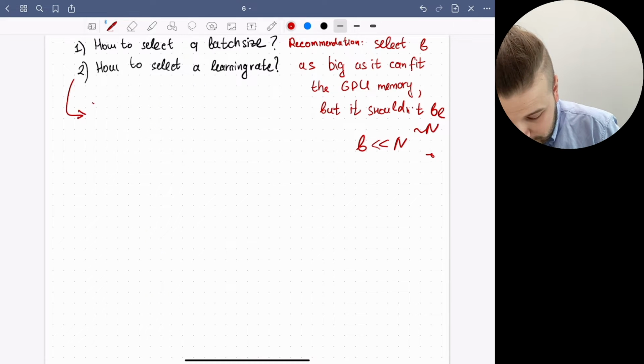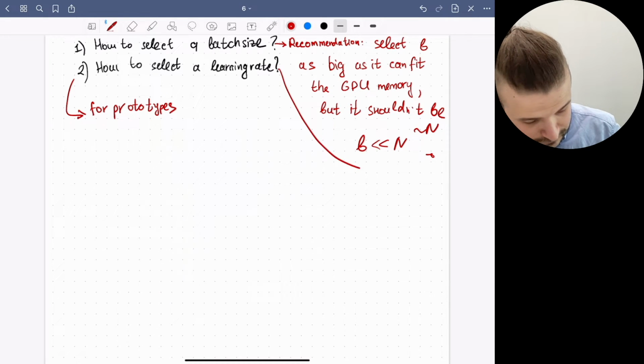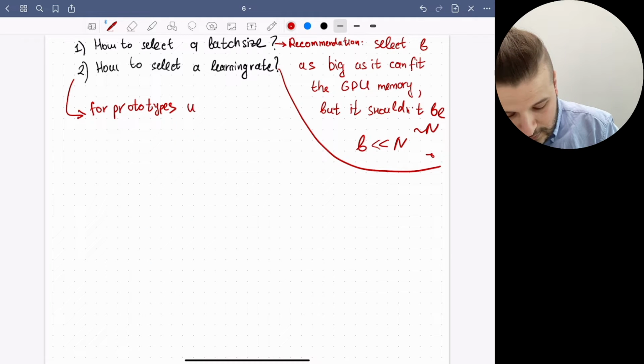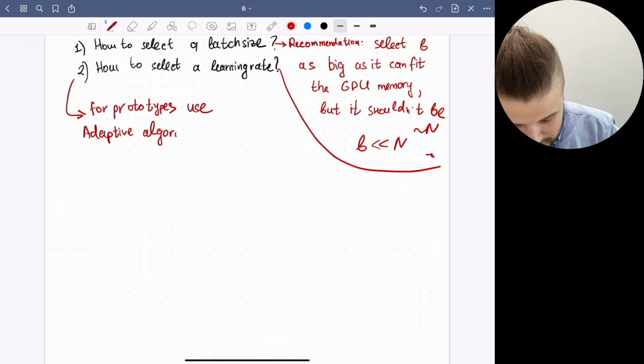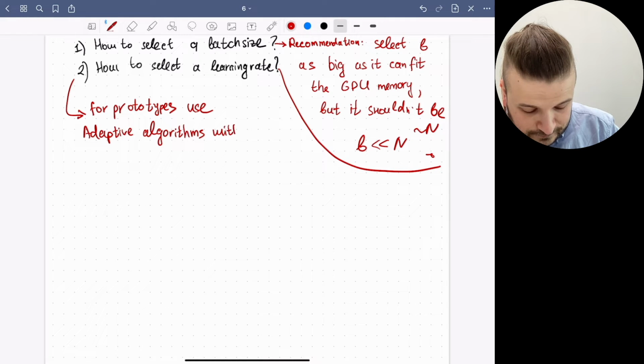For prototypes, use adaptive algorithms with default hyperparameters.